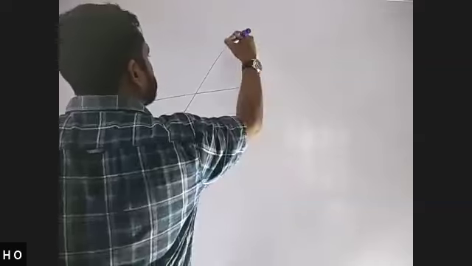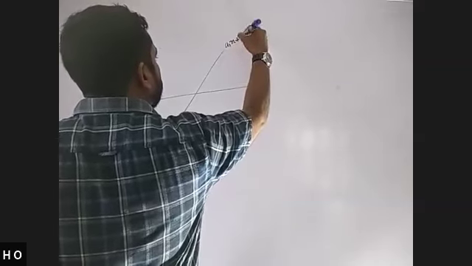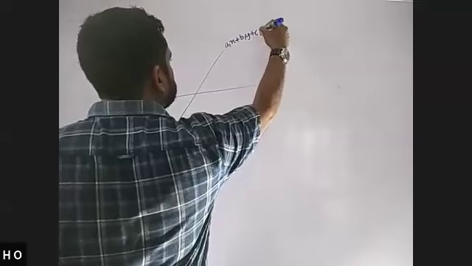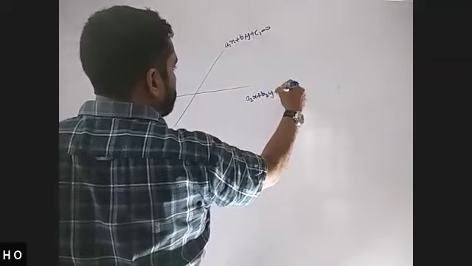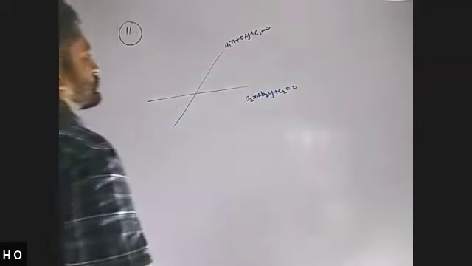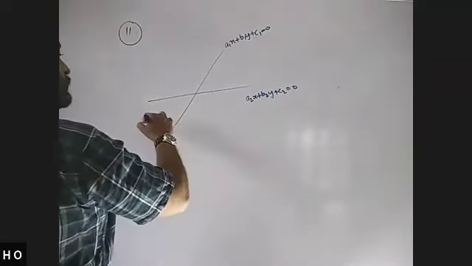So how to have that? You have the proof for the angular bisector scenario. So you have a1x plus b1y plus c1 equals 0 here, a2x plus b2y plus c2 equals 0.